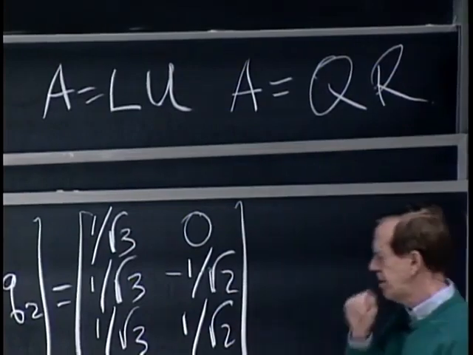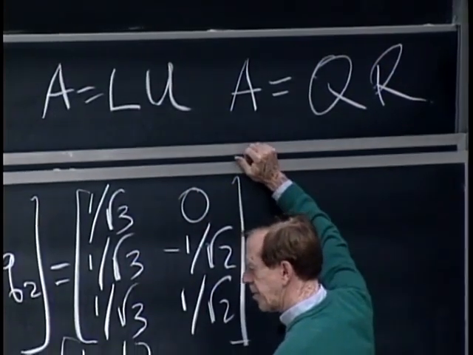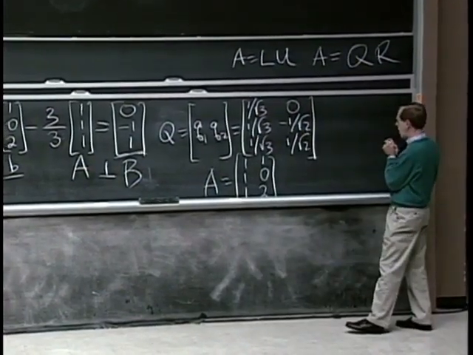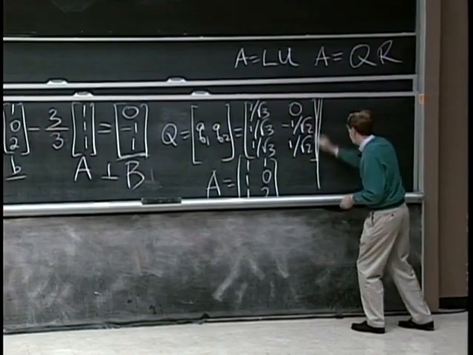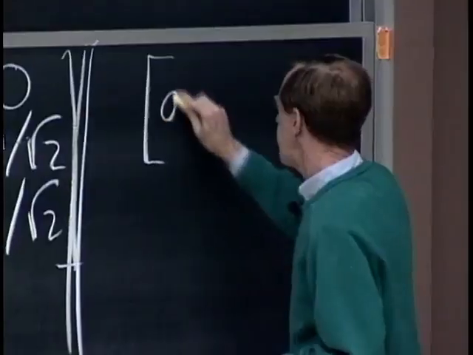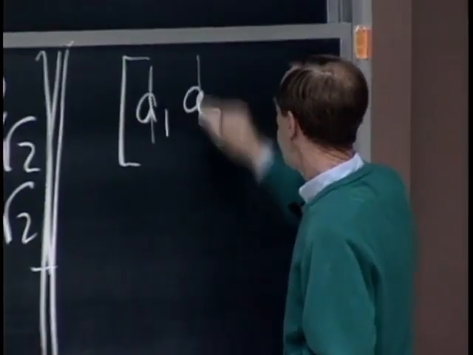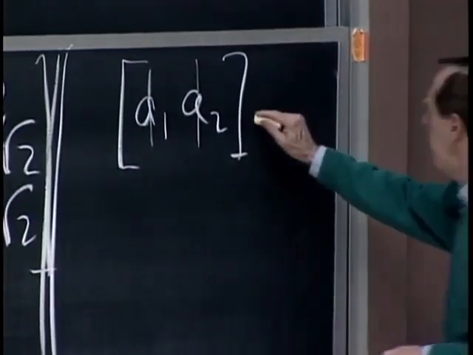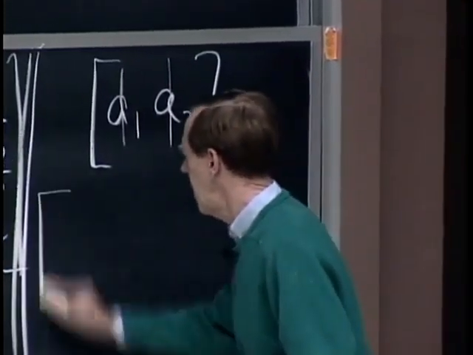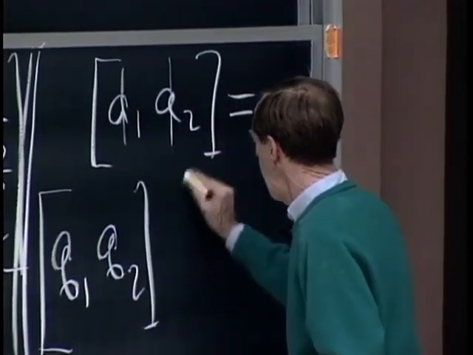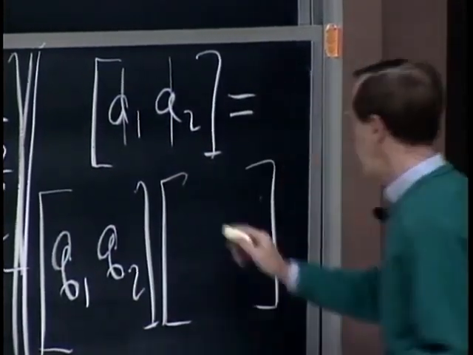So that's my final step then, A equals QR. Maybe I can squeeze it in here. So A has columns, let's say A1 and A2. Let me suppose n is 2, just two vectors. Okay. So that's some combination of Q1 and Q2 times some matrix R.